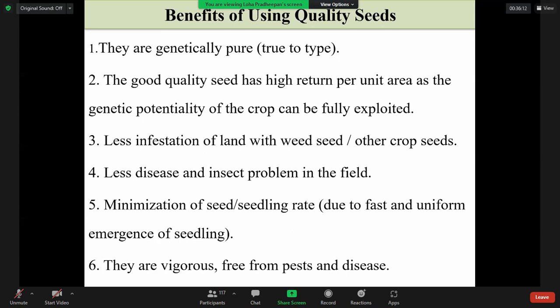Or otherwise, simply they can say physical attributes, genetic attributes, physiological attributes, because they are linking with the viability, vigor, so physiological attribute, and pathological attribute.